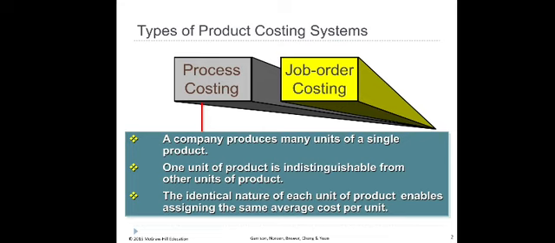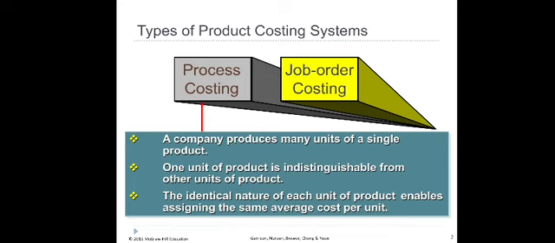In accounting, it is very important for you to calculate the cost for the product because you want to use the knowledge about the product cost to make many decisions, including to set price for your product. So the method that can be used to calculate the cost for this product is called costing system.